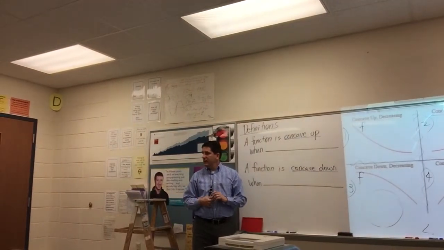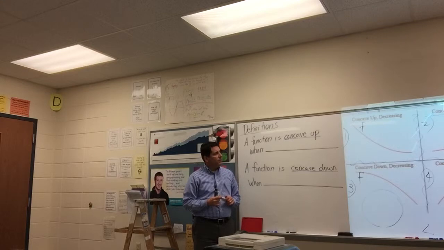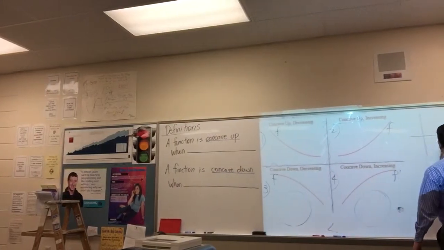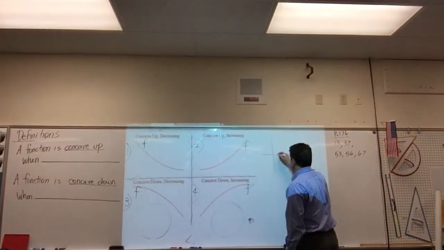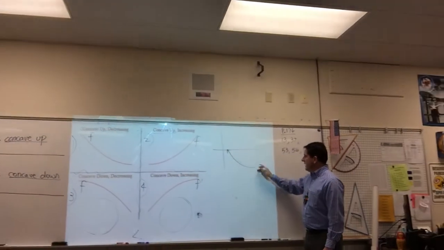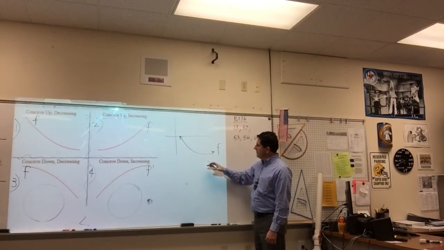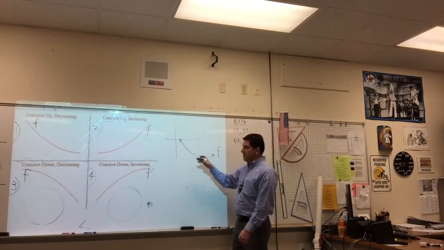Yes? It's the same sign as f. Well, I could draw one where the function is down below. Okay? f is negative. Okay? And, well, yeah. You know what I'm saying.